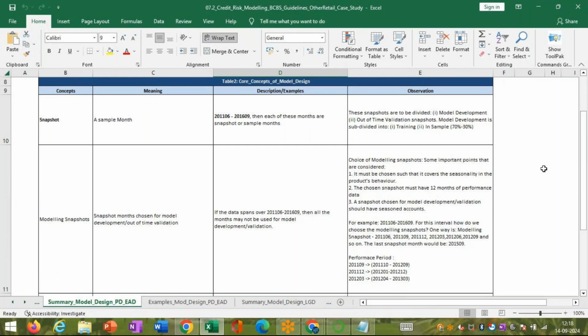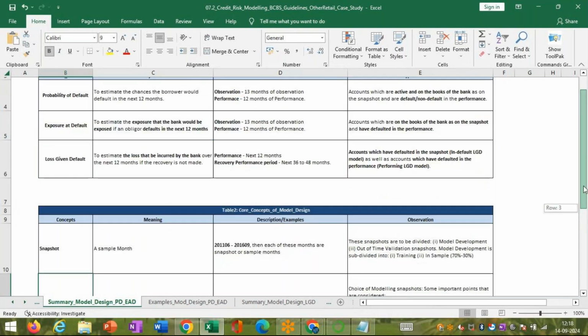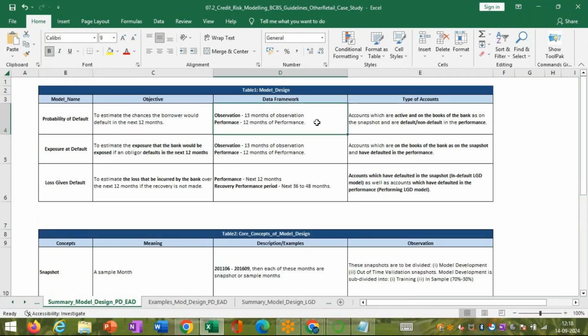Now, it is not that all snapshots can be incorporated to develop PD models. The reason is that for developing PD and LGD models, the accounts have to have certain characteristics which have to be satisfied in the data. For example, for a PD model, the 13 months of observation and 12 months of performance have to be included.